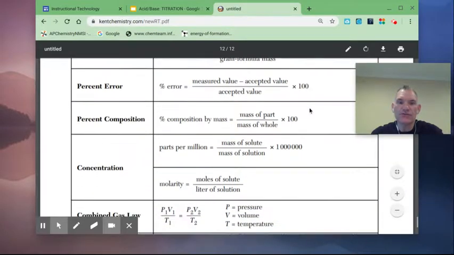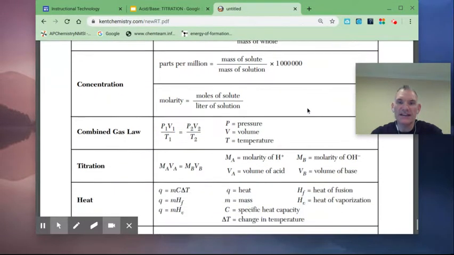If you scroll down to the area called titration, it gives us the exact formula that we're going to need.